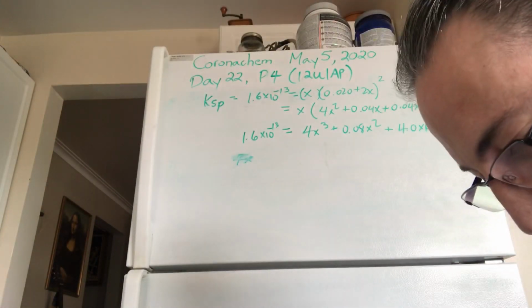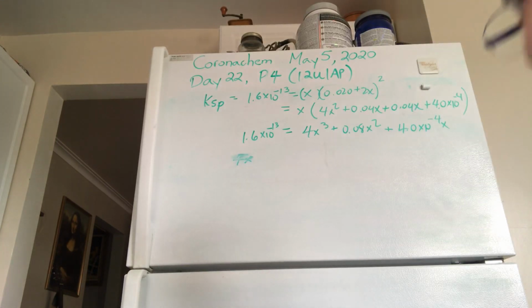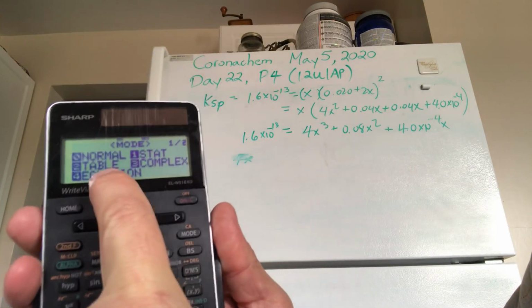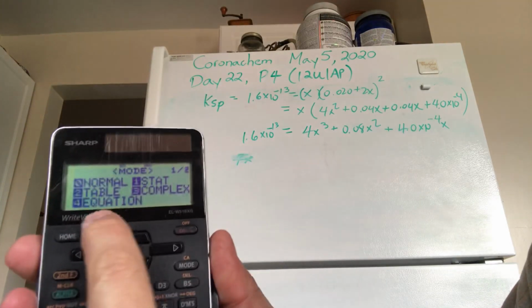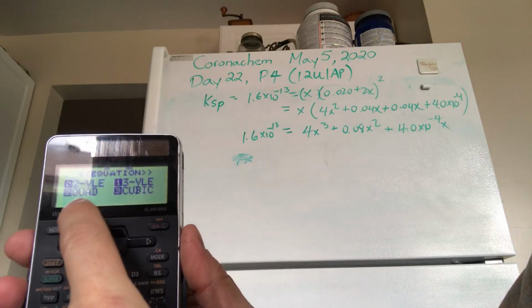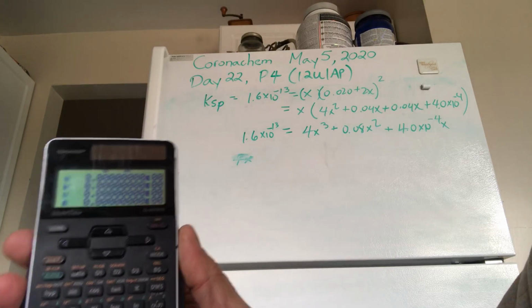So you turn your calculator on, press mode, and you're going to see equation, that's number 4, so press 4. And don't press quadratic, you press cubic equations, that's 3.